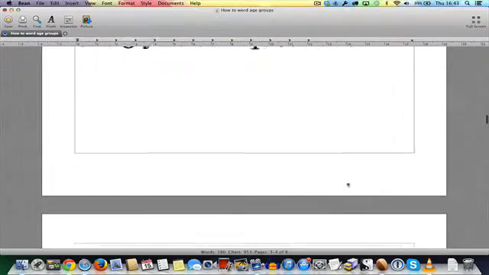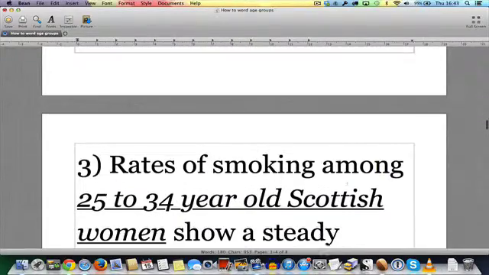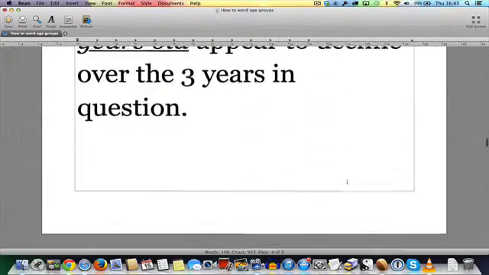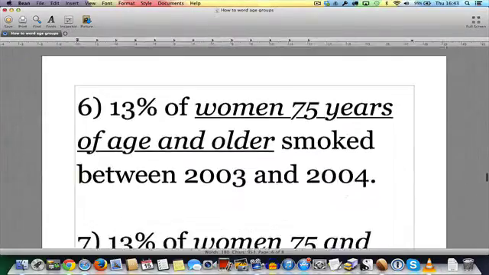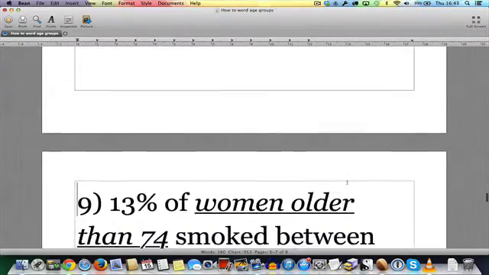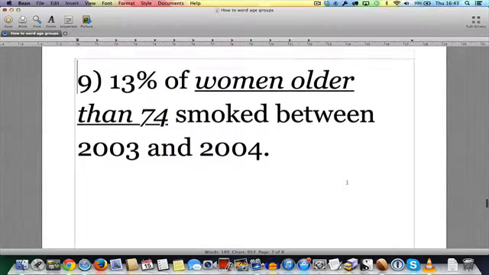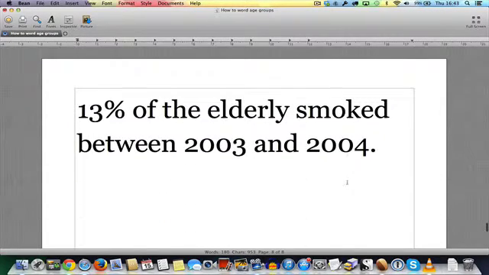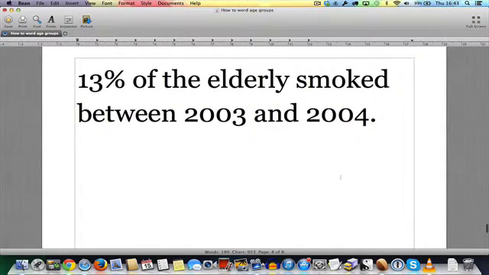So I've shared a couple of examples that would be incorrect. Okay, and then I want to talk with you about why these are incorrect. So as I was mentioning, 13% of the elderly smoked between 2003 and 2004.